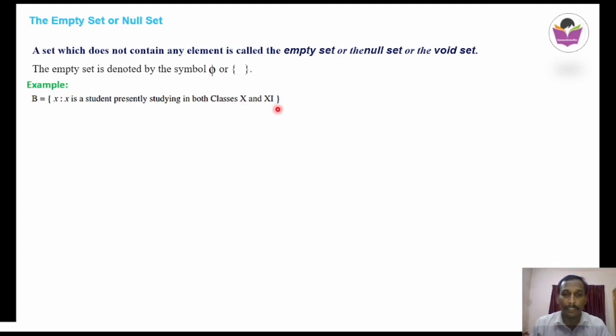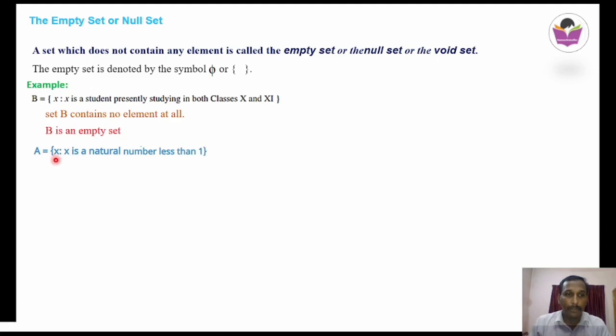It's not at all possible. So there will be no element in this set, because the statement says the student should study in both the classes, and that is not possible. So this is an example of a null set, no element at all. Because of that, B is an empty set.